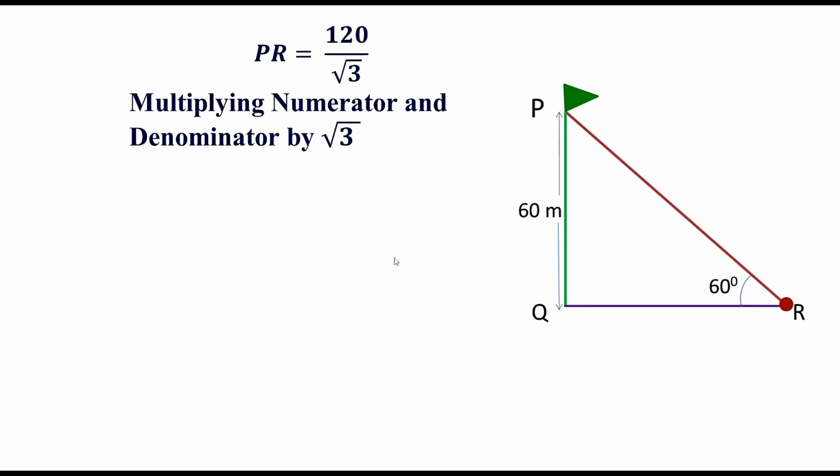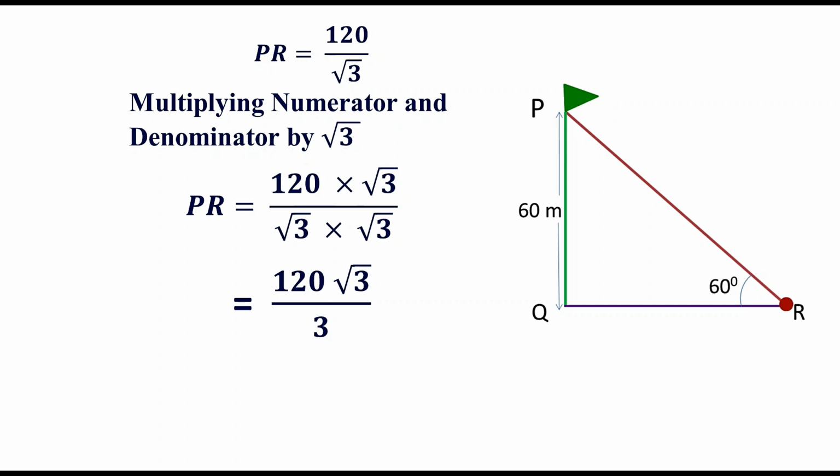Now again, multiplying the numerator and denominator by root 3, or rationalizing the denominator of 120 by root 3, we will multiply by root 3 to numerator and denominator. So PR is equal to 120 into root 3 by root 3 into root 3, and 120 into root 3 will come in the numerator, and root 3 into root 3 is root 9, and root 9 is equal to 3 will be the denominator.